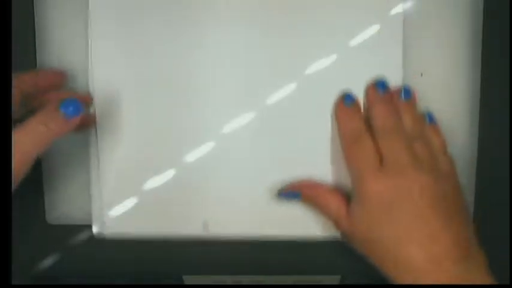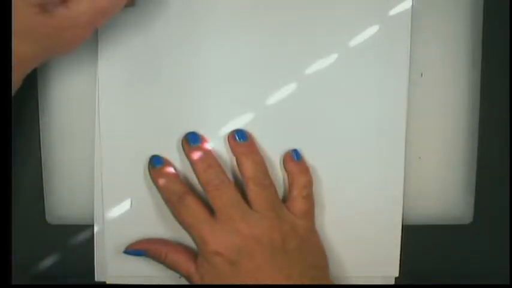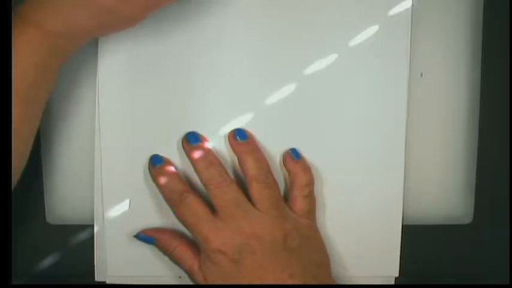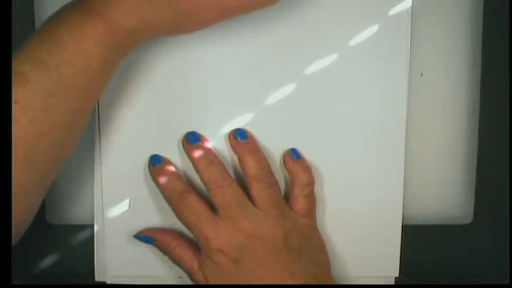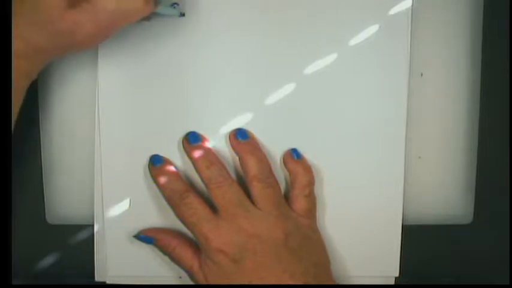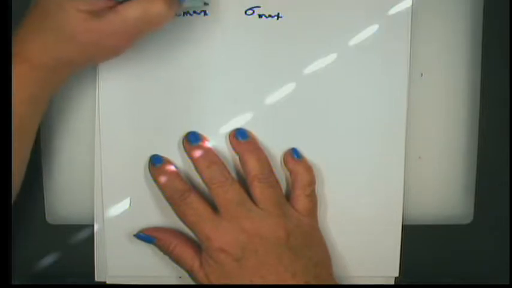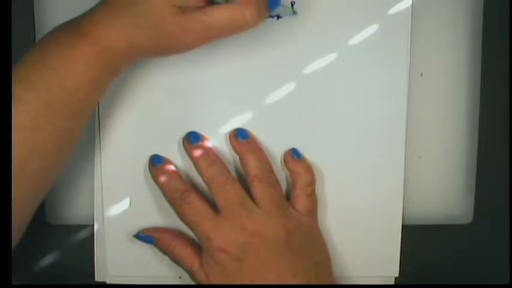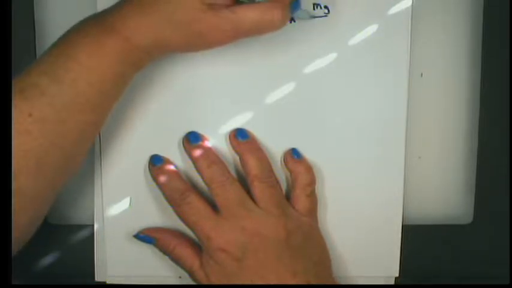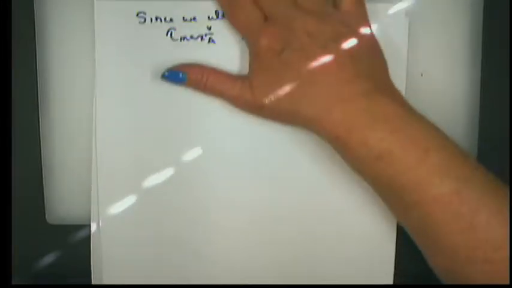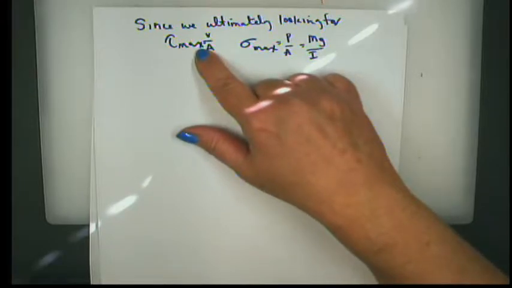All right. Now, since we are ultimately looking for tau max and sigma max, there are two parts to this. This is going to be V over A. This is going to be P over A, or My over I. We have a couple of different ways that we can maximize tau, for example.